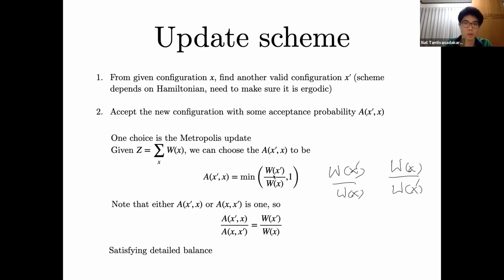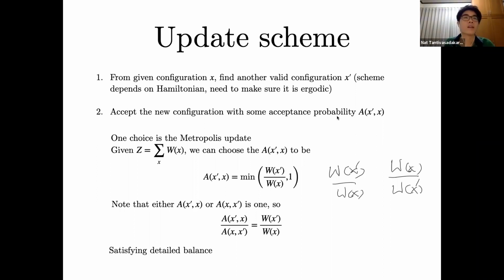So you choose the probability to be 1 in the case where the ratio is greater than 1. Then you'll find that the ratio of the probabilities is indeed just the ratio of the weights. So this satisfies detailed balance, and you can go from one configuration to the other by just calculating the ratio of the weights.